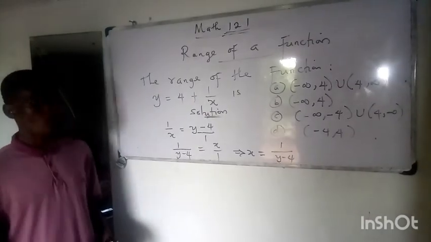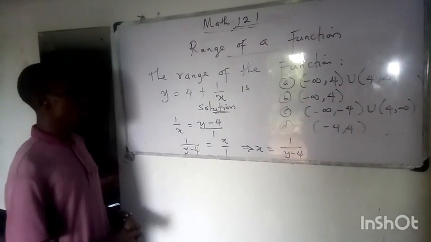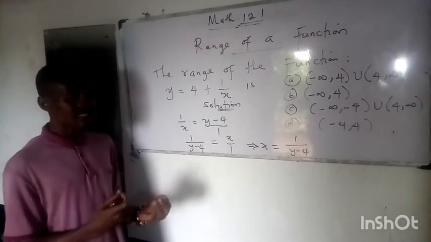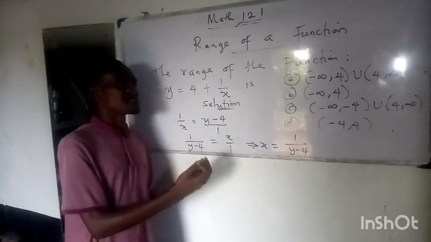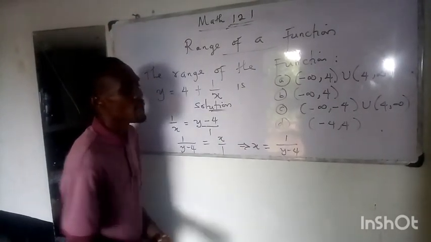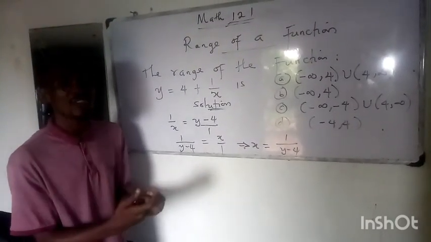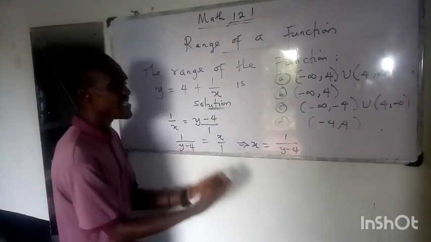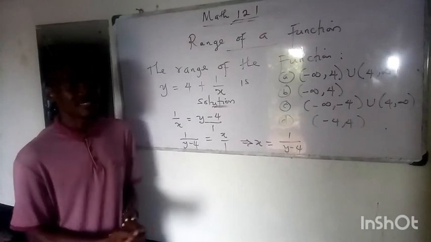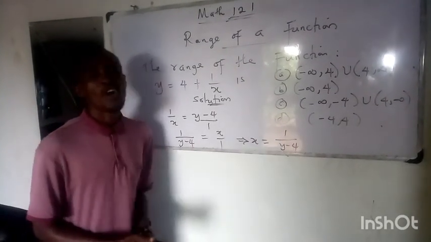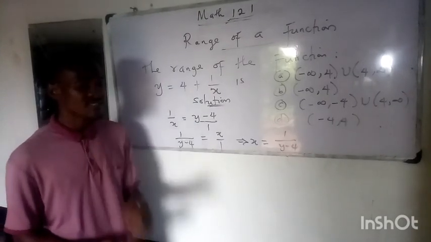So what have we done? We have successfully made x the subject. The reason for this is because we want to understand what values are going to make this particular function true, and it is easier to get it in this form since we are interested in the values of y, which is the range.